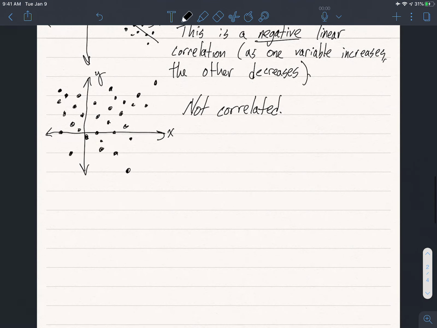And let's do one more. Last example. Here's the XY plane. Let's say here are the dots for this one. The plotted points.